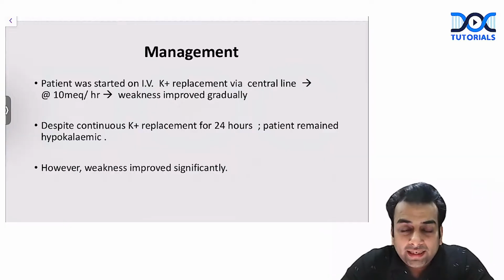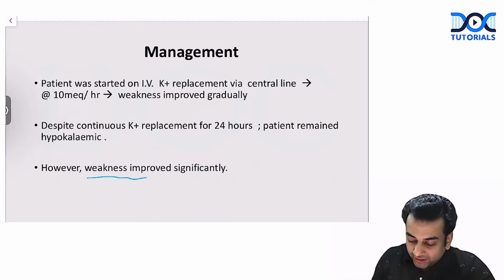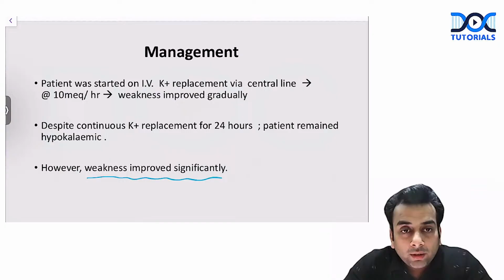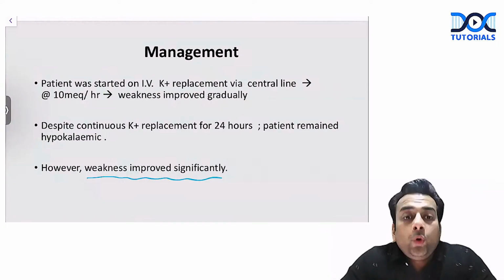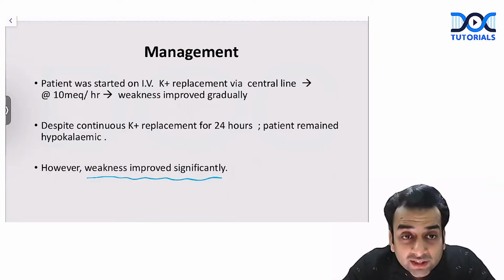So to say, this is usually the case when there is an ongoing potassium loss while you are replacing it. However, the weakness resolved significantly, so the reflexes returned, the tone of the muscles returned. So to say, it was the hypokalemia which was the chief culprit. And when you corrected hypokalemia, the weakness in the quadriparesis also was resolving.